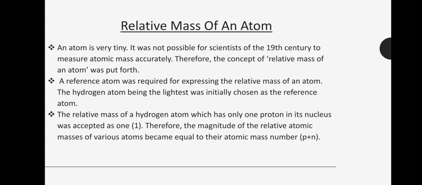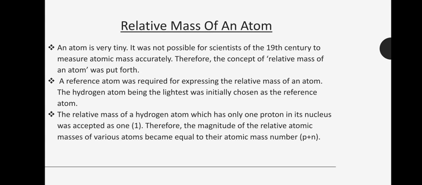For example, if you take helium, helium has double the mass of hydrogen, because if you take two hydrogen atoms and one helium atom, they will weigh the same. Correct?